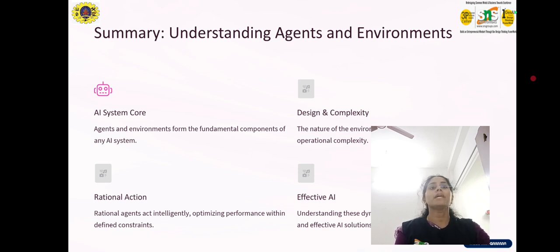The drone operates in a partially observable environment as it cannot see under leaves or underground pests. The outcome of spraying may be stochastic. Spraying may or may not eliminate pests depending on environmental factors. The task is also sequential since what the drone does today affects what it should do tomorrow.